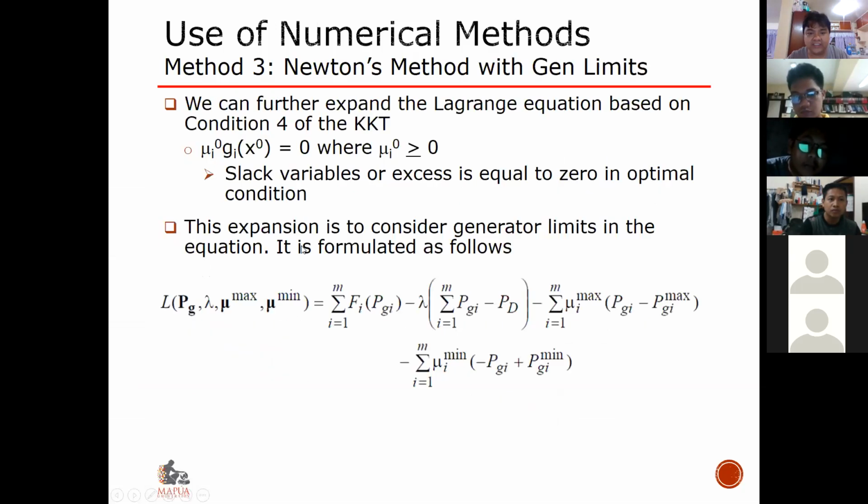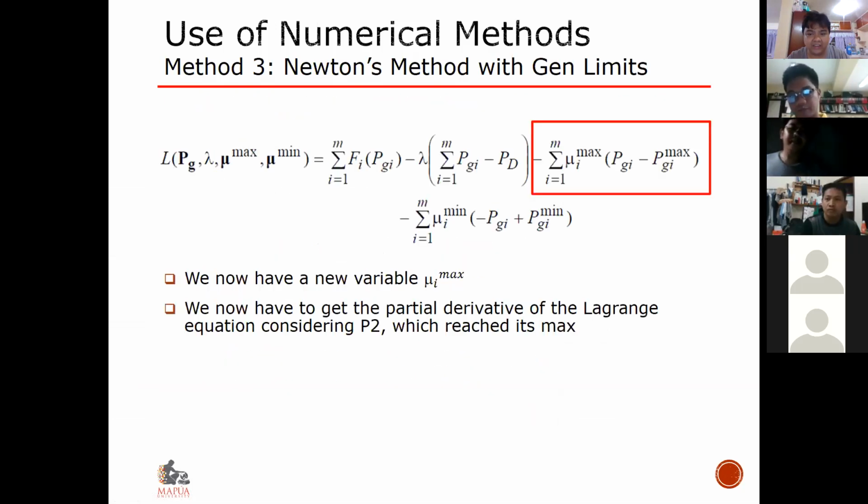Once there are constraints, this is the process. The full equation, right, is f of x minus lambda times g of x. That's the Lagrange. But we have an additional constraint, the limit of the generator. So you can have a max.